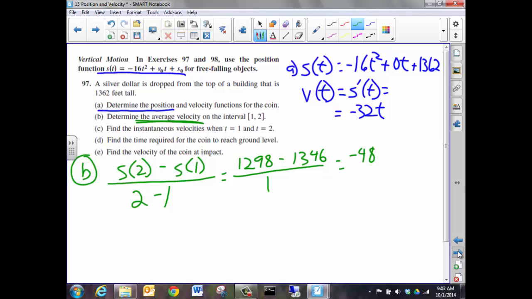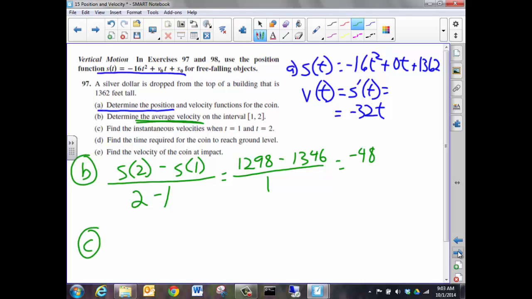You mean the average velocity of anything between 1 second and 2 seconds is going to be negative 48? You mean anything in free fall? If I drop a brick or if I drop Josh Hampton, both of them are going to average negative 48 between the first and second second? Yes. Okay, it doesn't matter how big they are. They're still going to have the same between s of 2 and s of 1.